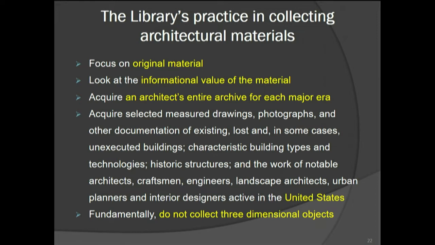So using this example, allow me to talk about how we, meaning the Library of Congress, strategically collect materials. The first point is to focus on the original document. We tend not to collect copies of other original documents which may be preserved somewhere else. We try to get the original materials. The second point is, again, information value rather than aesthetic value.